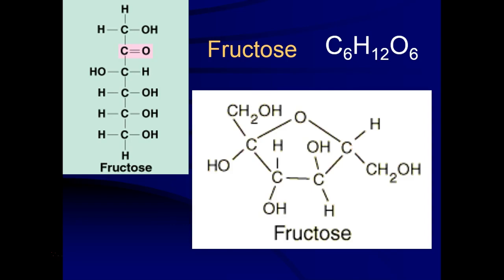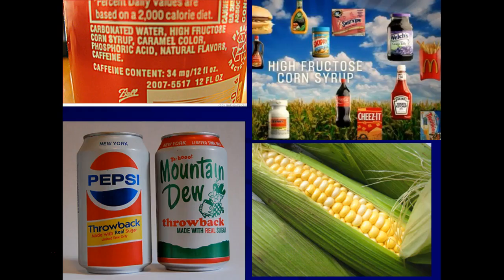Does that make sense? So you can get the same level of sweetness with just fructose than you can with a combination of fructose and sucrose and glucose. That means you don't have to use as much. And if you don't have to use as much, it's cheaper. So food scientists, for a long time, and they still do this, make high fructose corn syrup.